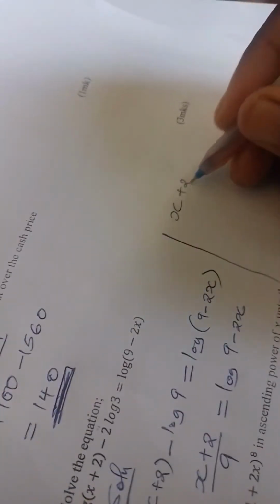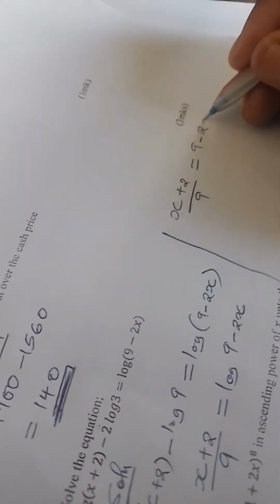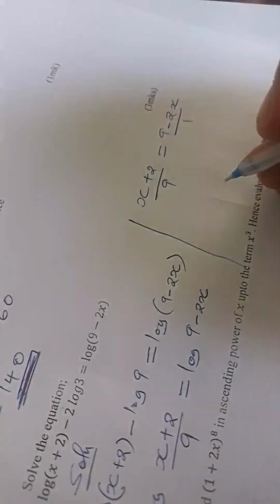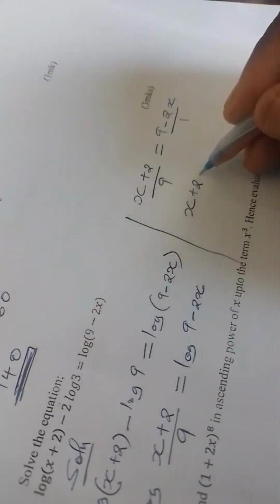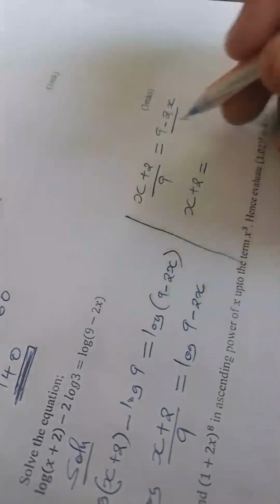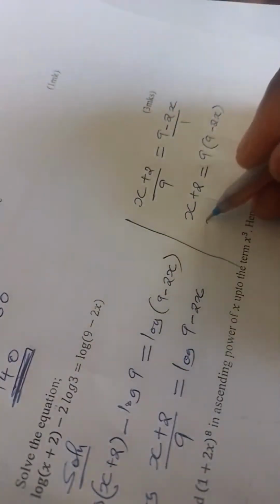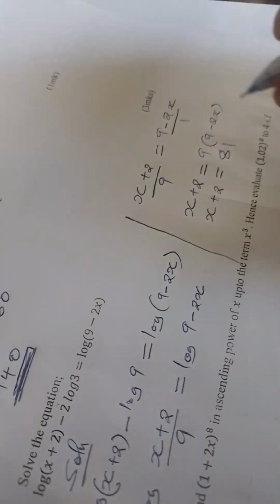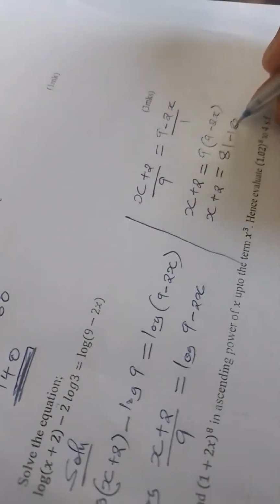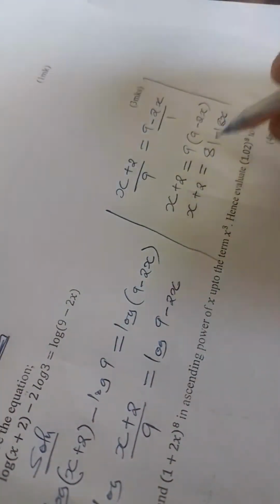So for this one, you have to drop the logs: x plus 2 over 9 is equal to 9 minus 2x over 1. Then we can cross multiply. This one will be x plus 2 is equal to 9 into (9 minus 2x). So this one will be x plus 2 is equal to 81 minus 18x. If you take negative 18x to this side, it will be positive 18x on this side.